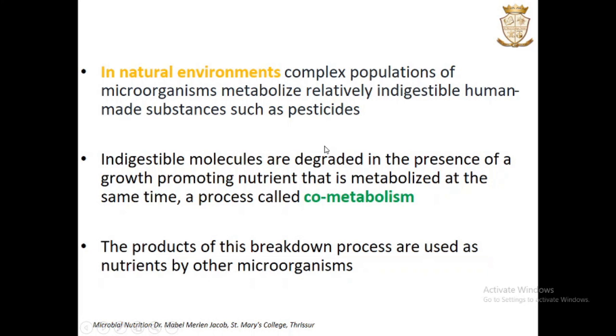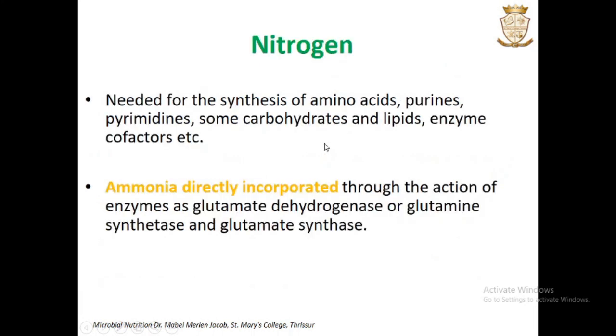So here we see a give and take policy of the microorganisms, whereby indigestible substances are made accessible to another group of microorganisms by co-metabolism. So that was about carbon.